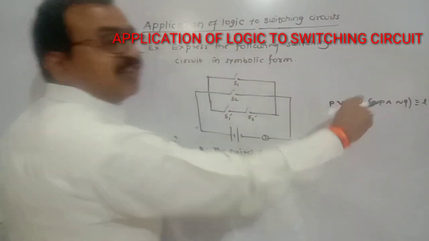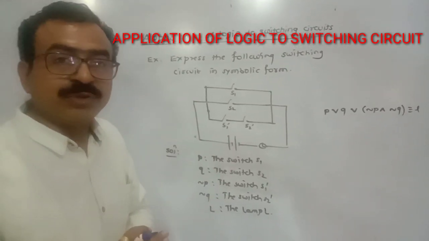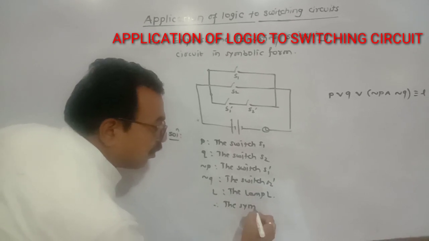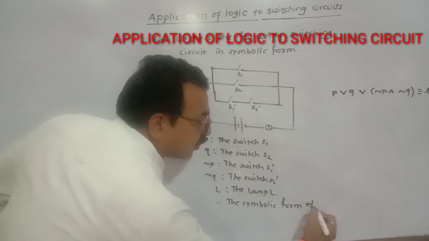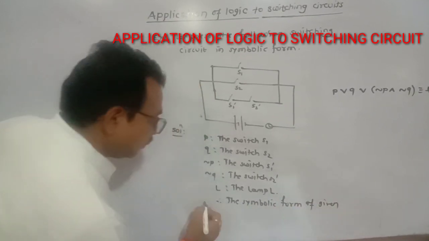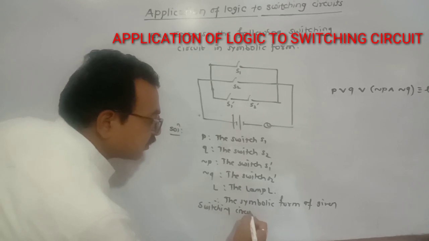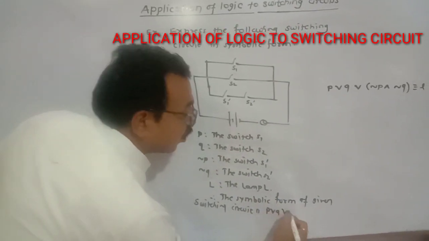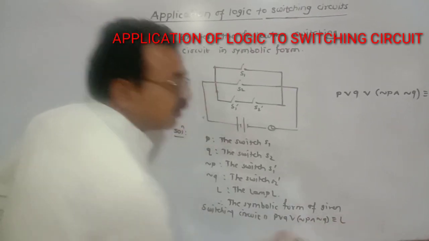Understood? So this is the symbolic form of this given circuit. Write down, therefore the symbolic form of the given switching circuit is P or Q or negation P and negation Q.